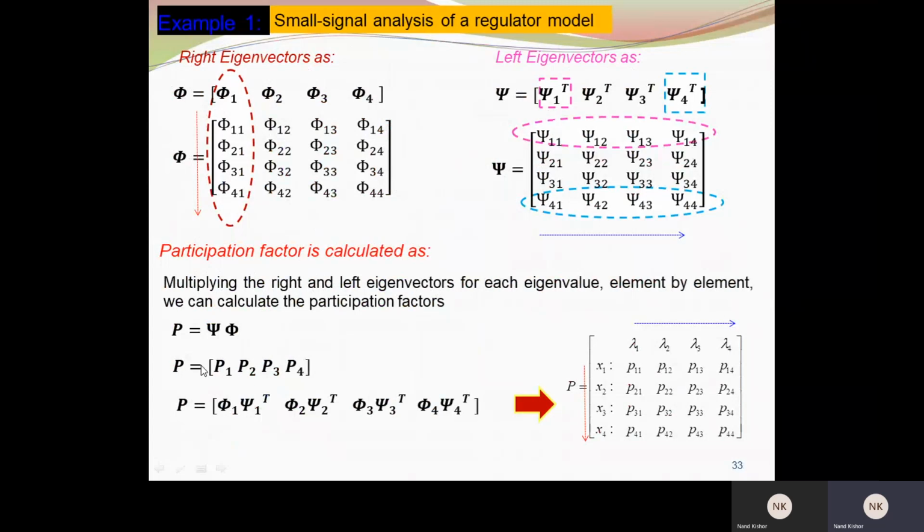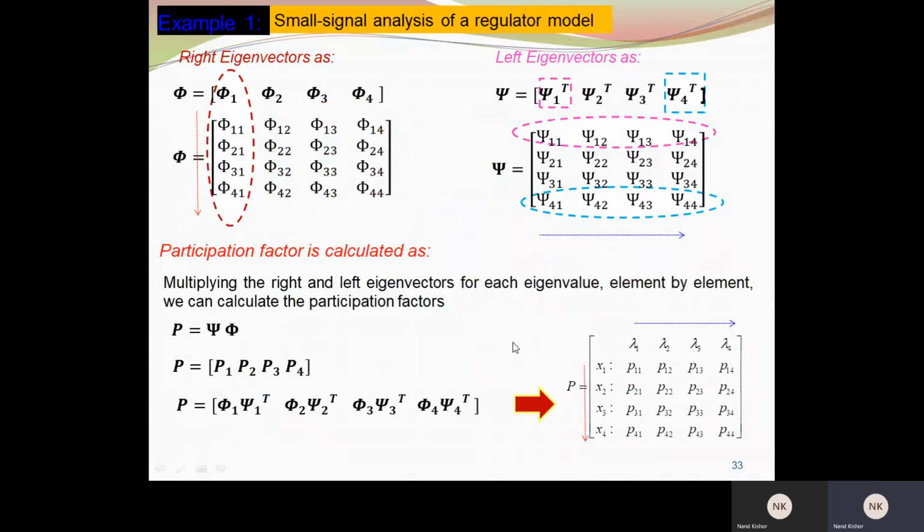So we have represented it as P1, P2, P3, and P4. On the row vector, we have the state variable, and on the column vector we have the eigenvalues presented.